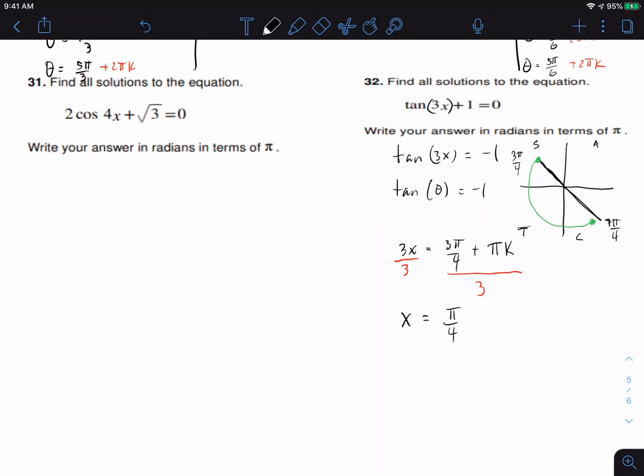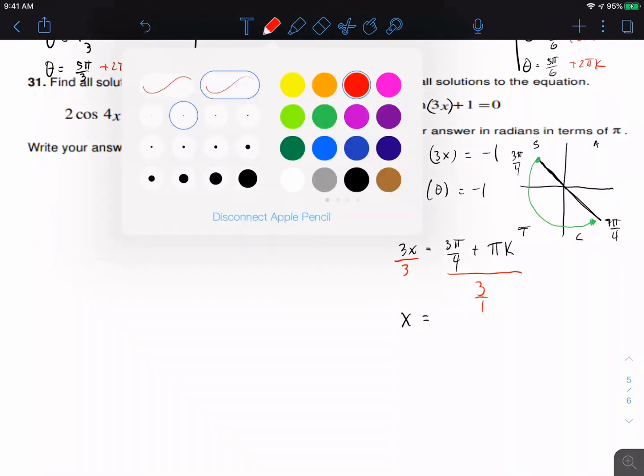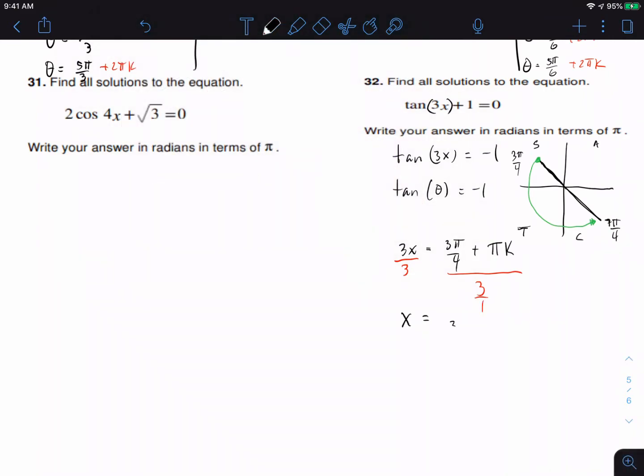Does everyone see how that's pi over 4? Or would you like me to show how that becomes pi over 4? You want me to show it? Okay, I'll show it. That's no problem. So when I divide by that 3, isn't that the same as dividing by 3 over 1? So I'm going to go 3 pi over 4 plus pi k, and then that's going to multiply with the reciprocal of 3 over 1. It's going to become 1 over 3.